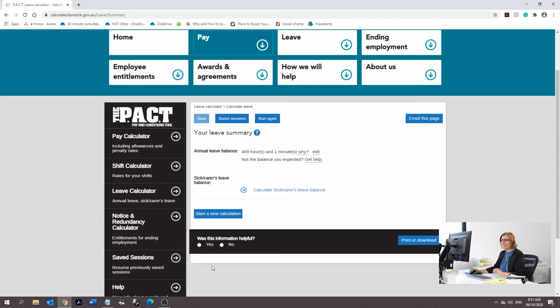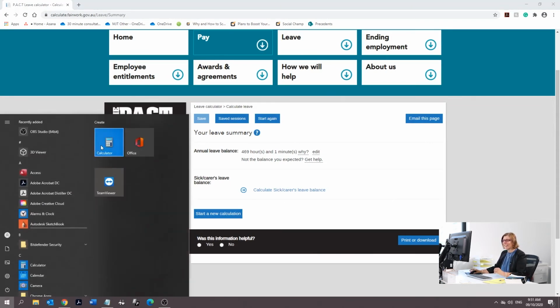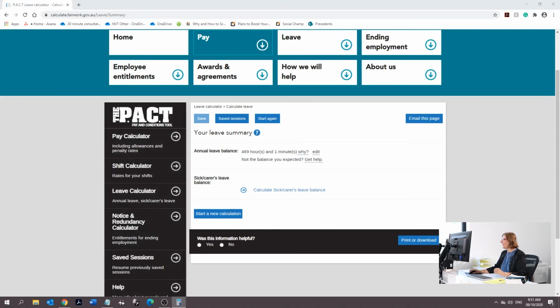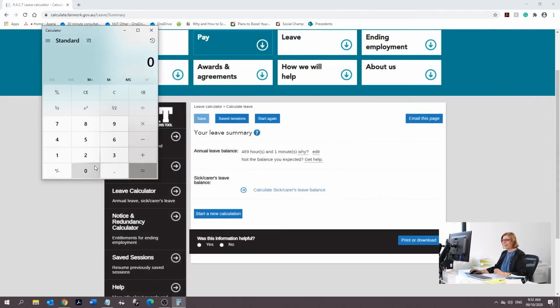That's a lovely number, but let's see what that looks like in actual days or weeks, shall we? I'm just going to bring a calculator up. We're going to have 469 hours. I'm going to leave the 1 minute out simply because it's too hard for me to calculate easily. We're going to divide that by 38 hours a week.